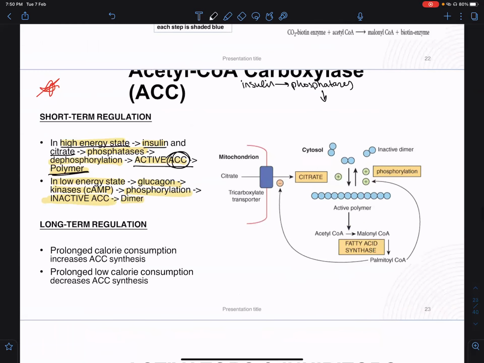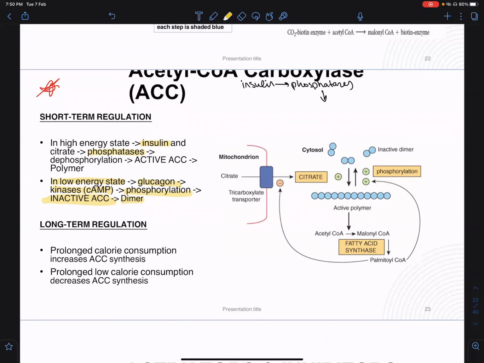So let me go back here. Always, as a rule of thumb, that doesn't have to be about this topic specifically, whenever you have insulin release, you have activation of phosphatases, okay, all the time. So the release of insulin in the fat state is going to activate phosphatases. Phosphatases dephosphorylate, not phosphorylate, dephosphorylate.